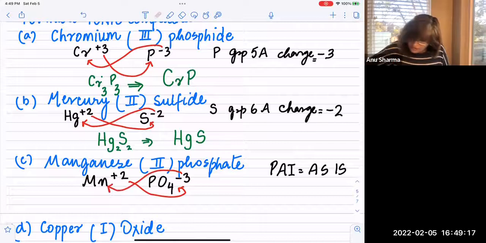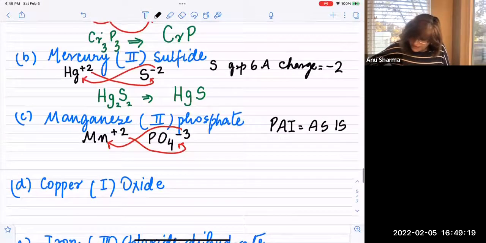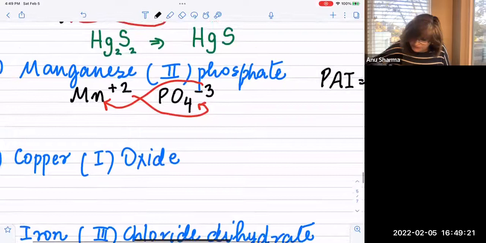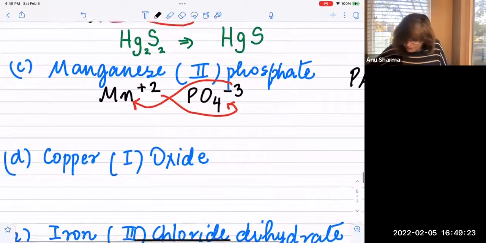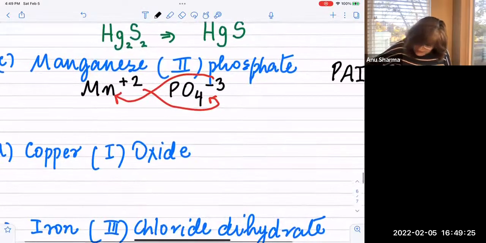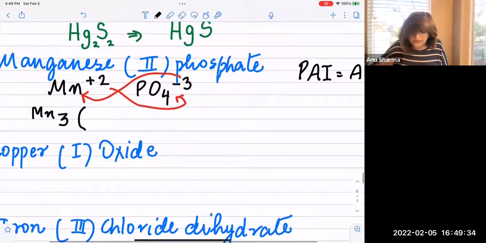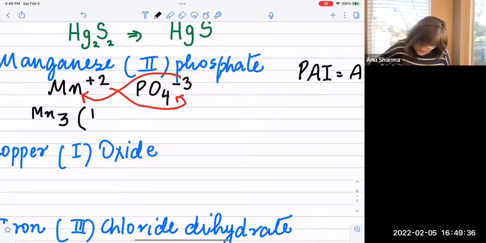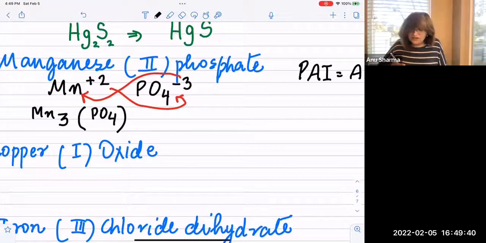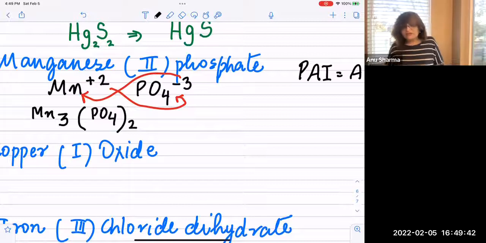So now what do we get here? We have manganese, Mn3, because the subscript you are bringing down is more than 1. Then parenthesis: phosphate goes in the parenthesis, and 2 comes outside the parenthesis.